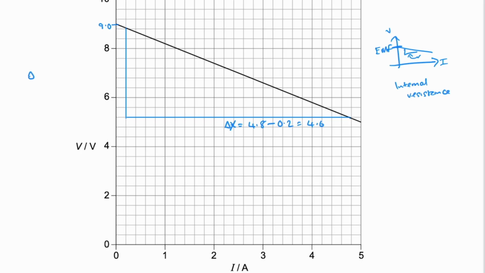And our change in y is 8.8, I'd say, because each of these is 0.4. So 8.8 take away 5.2, which is 3.6.